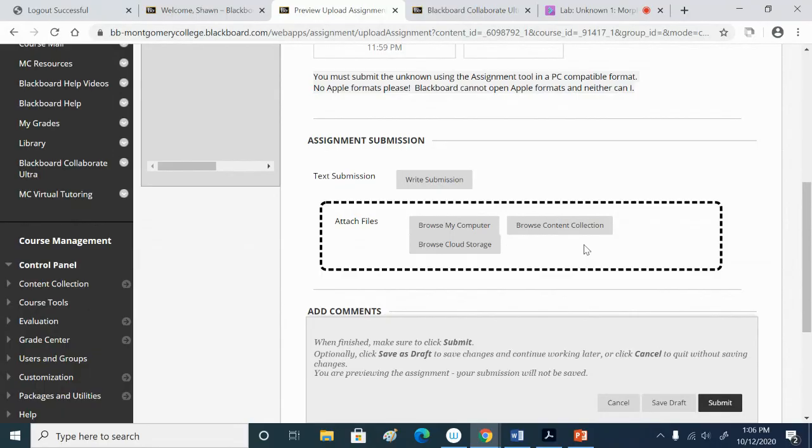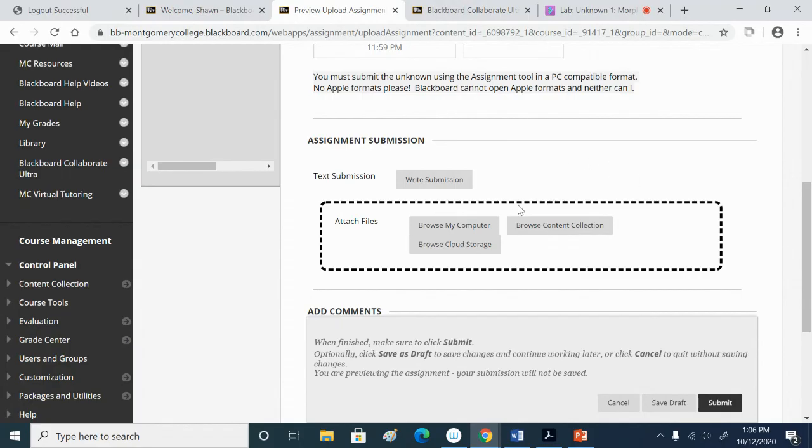Remember, no Apple formats. If you save this document and it saves it as a .pages, I will not be able to open it. Blackboard will not be able to open it. So you have to use a PC compatible format, either .doc or .docx or a PDF, but no Apple formats.